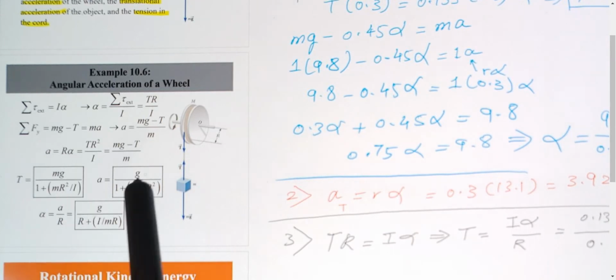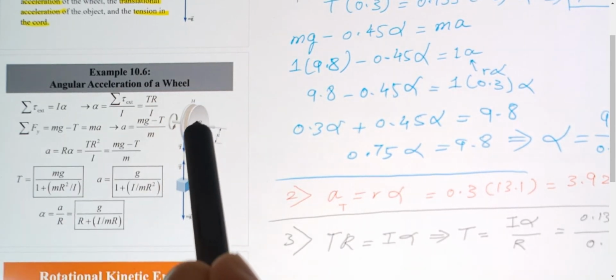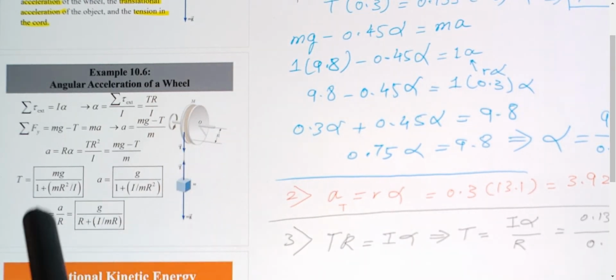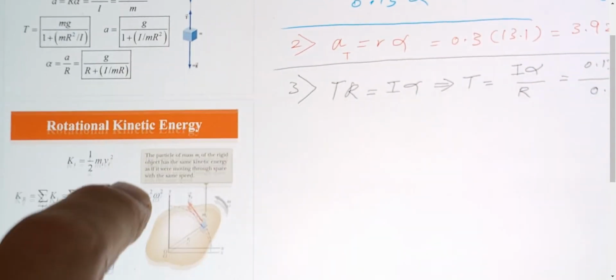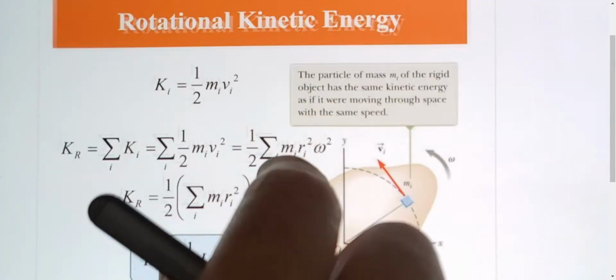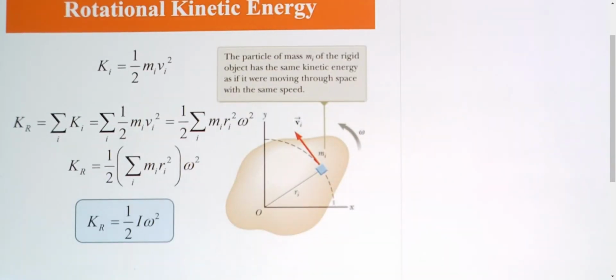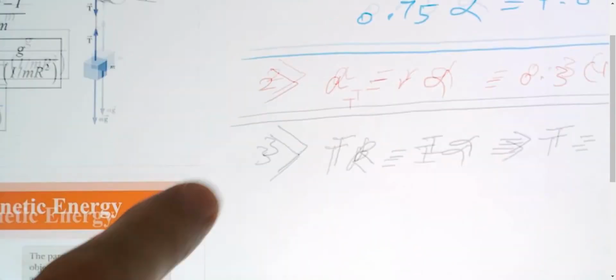So those equations, if I change the shape of the object, will be useless. Now we come to the concept of change in the opposite direction.